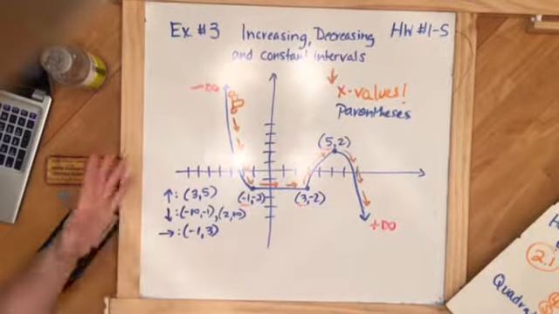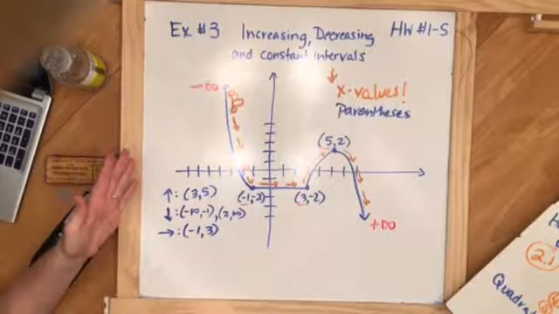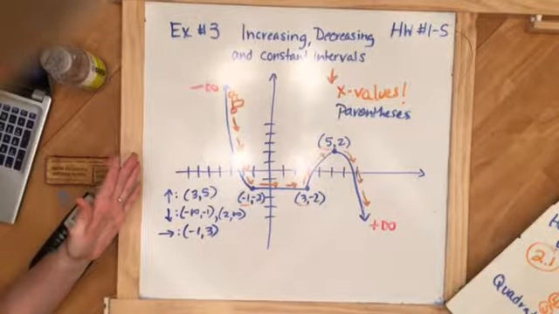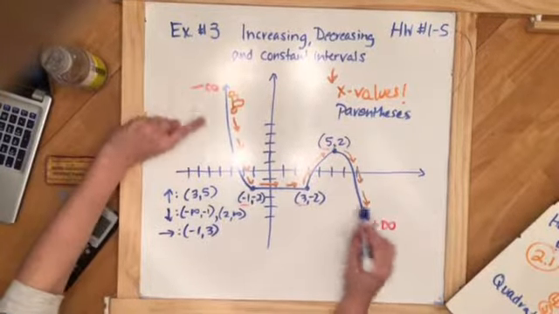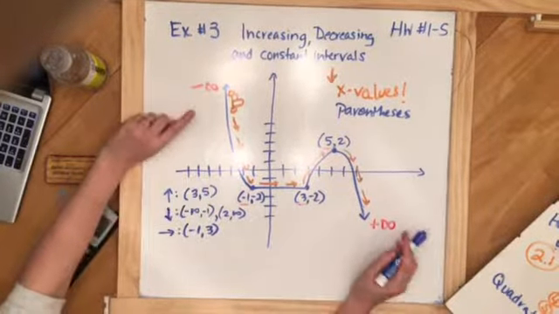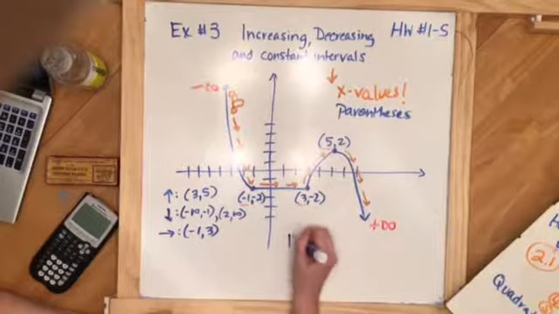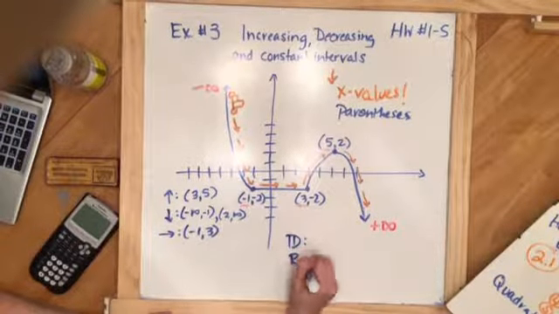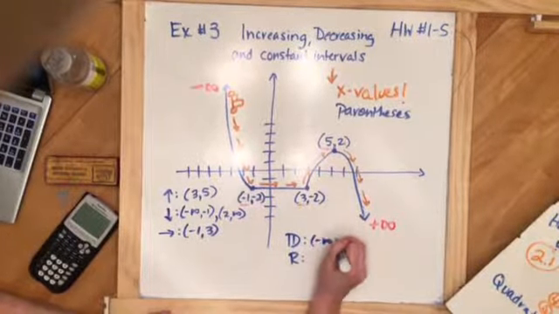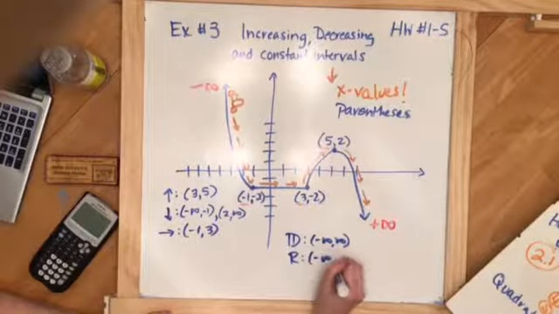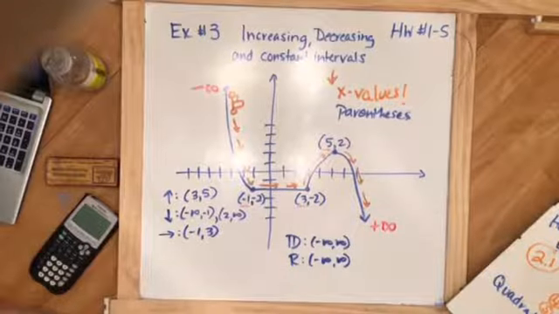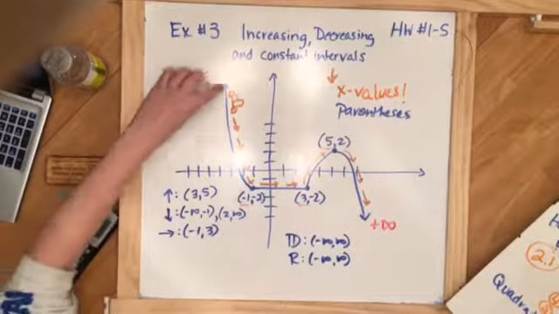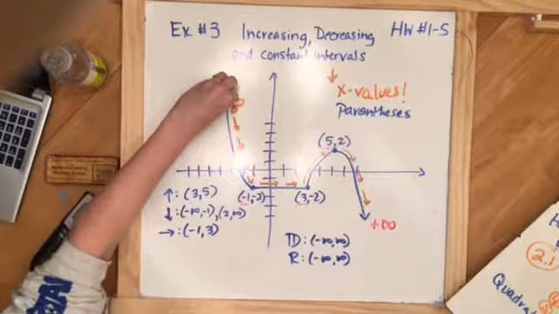In a few of those homeworks, you're going to also have to label the domain and the range. And in this case, since my arrows are going up and my arrows are continuing, my domain and range for both of these is all real numbers. Okay, because there's no stopping point because of these continuous arrows. But in some graphs, you might have a solid circle, right?